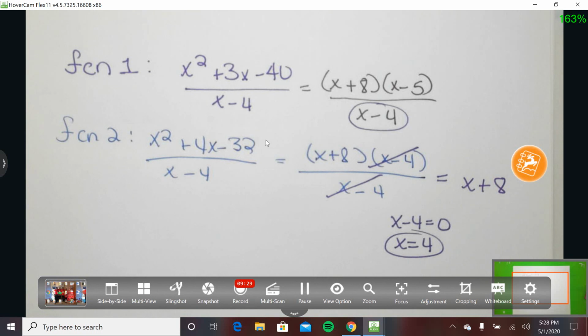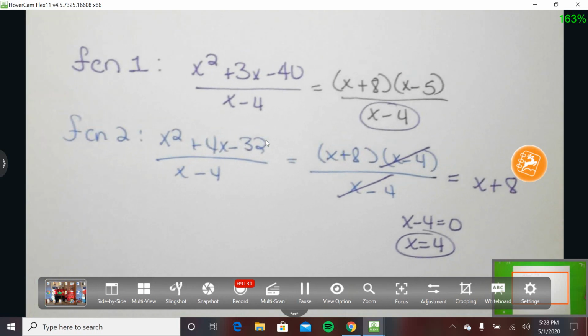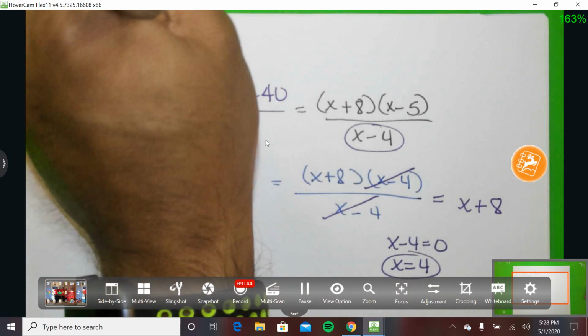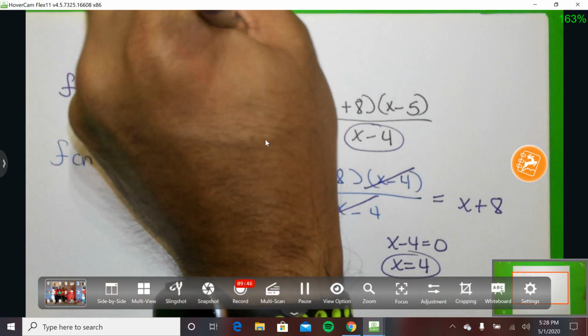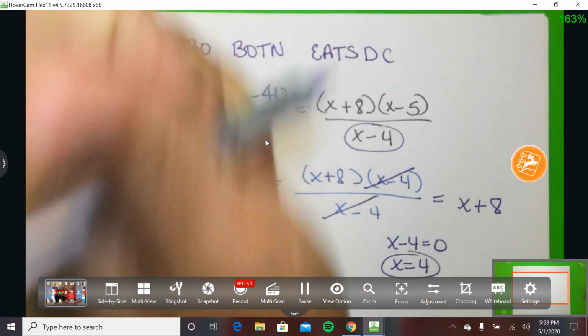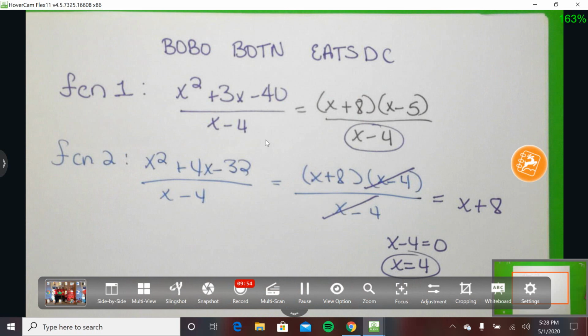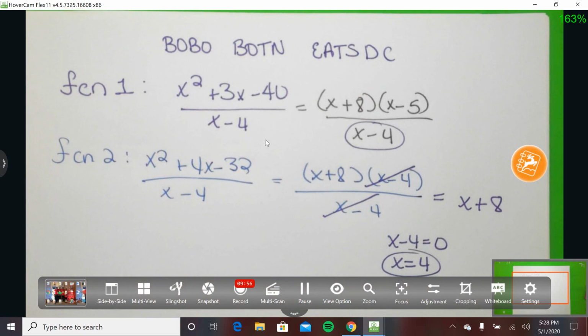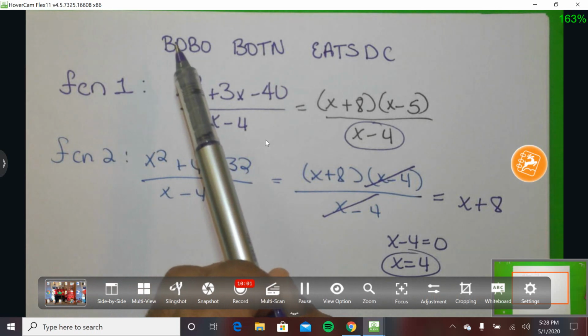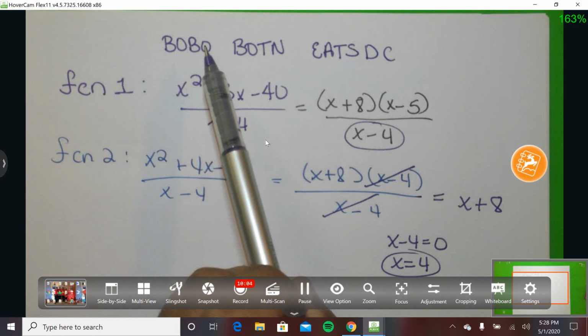Now, the next thing that you want to notice is a little piece of information, not really official, that I tell my students to remember: Bobo Botan eats DC. This is helpful on the SAT and the calculus AP tests. If the exponent is bigger on the bottom, your horizontal asymptote is 0.